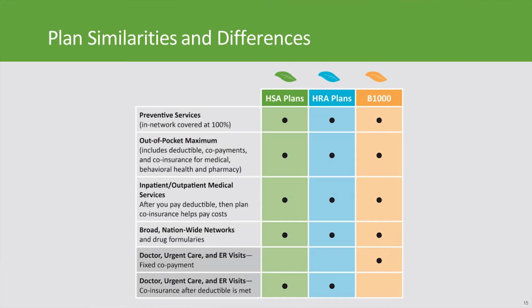If you choose the B1000 plan, you're familiar with that right now, it's a co-payment. That's what you will pay. But for HRA and HSA plans, for doctor, urgent care, and ER visits, the co-insurance is due after the deductible is met. You must meet the deductible first, and then your co-insurance pays.